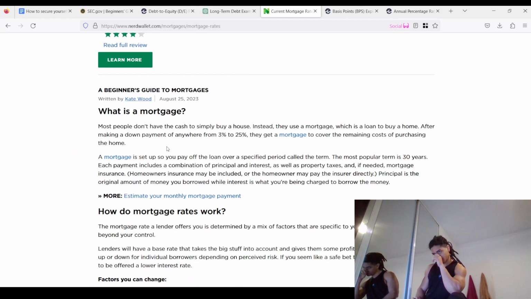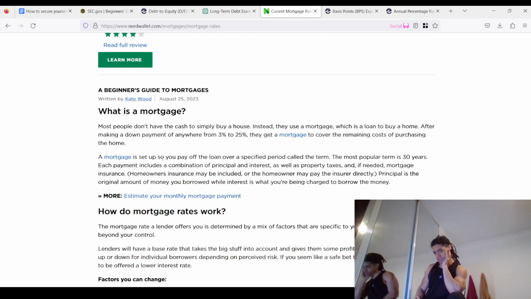Making a down payment. Most people don't have the cash to simply buy a house. Instead, they use a mortgage, which is a loan, to buy a home. After making a down payment of anywhere from 3 to 25%, they get a mortgage to cover the remaining cost of purchasing the home.